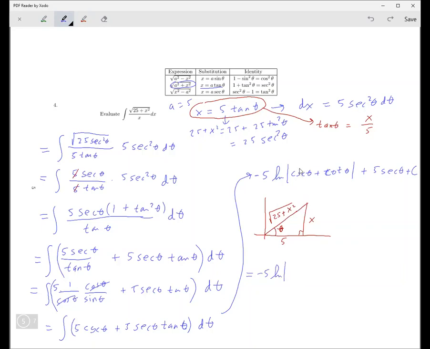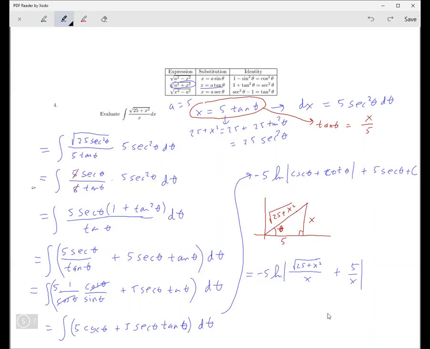Leave absolute value signs there. So cosecant would be 1 over the sine. The sine is x over that, so it'd be that over x. Yeah, that's the cosecant. The cotangent would be 1 over the tangent. So the tangent is x over 5, so the cotangent would be 5 over x.